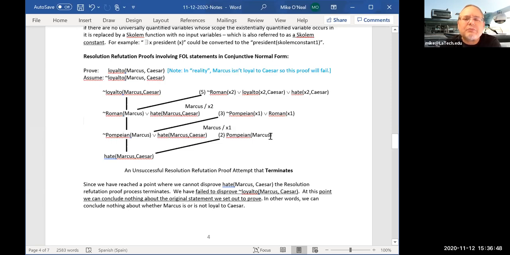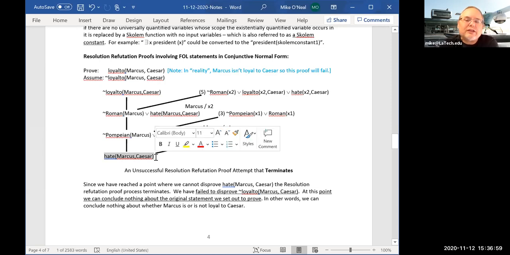But Rule 2 tells me that Marcus is Pompeian. So since Marcus is Pompeian and Marcus is not Pompeian, when I merge these, I get that Marcus hates Caesar. At this point, you run aground because there's no way to disprove that Marcus hates Caesar.